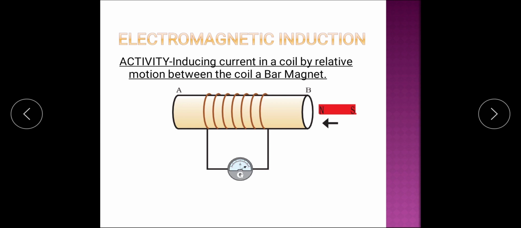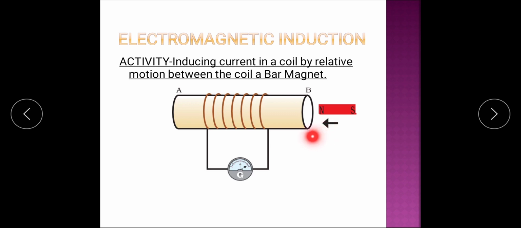I have kept the bar magnet in such a way that the north pole of the bar magnet is facing the end B of the coil. Now what I am going to do is, I am going to move the bar magnet towards the coil. When I move the bar magnet towards the coil, I will find that there is a momentary deflection in the galvanometer.